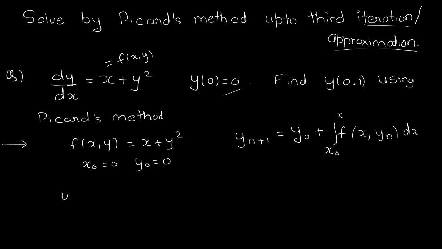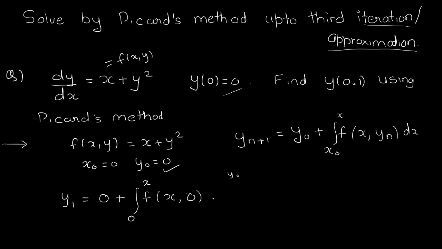For y1, y naught is there, next step is finding y1. Okay, y1 will be given by y naught. What is this y naught? It is 0 plus x naught. X naught is what now? Given to be 0. 0 to x, f of x comma yn will be my y naught now in this case. Okay, and what is y naught?